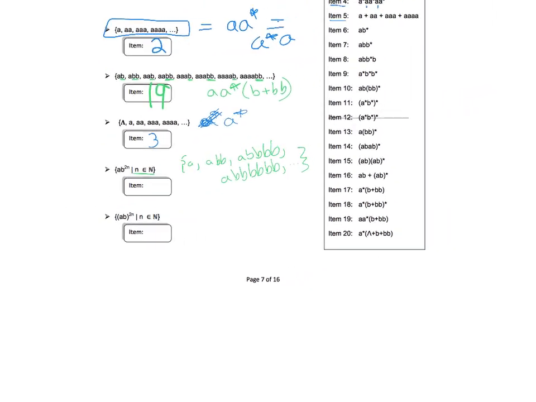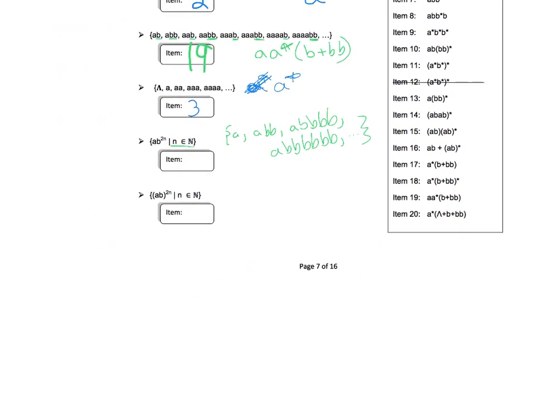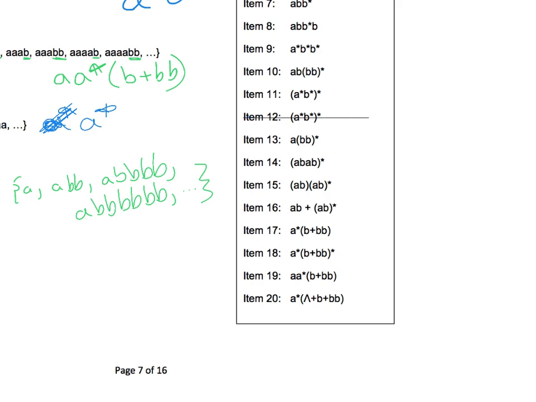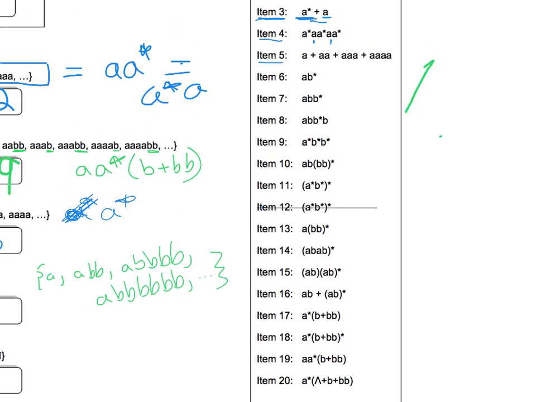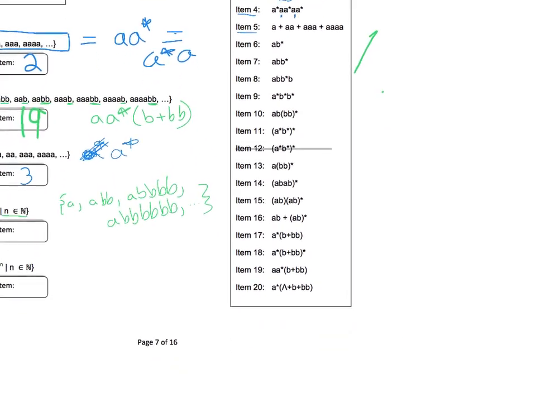And if we look around here at what we have, we do have to start with an A. There's always 1 A and then 2 B's. So I want to look for something that starts with an A and then always has 2 B's. It's got to have B's in it.